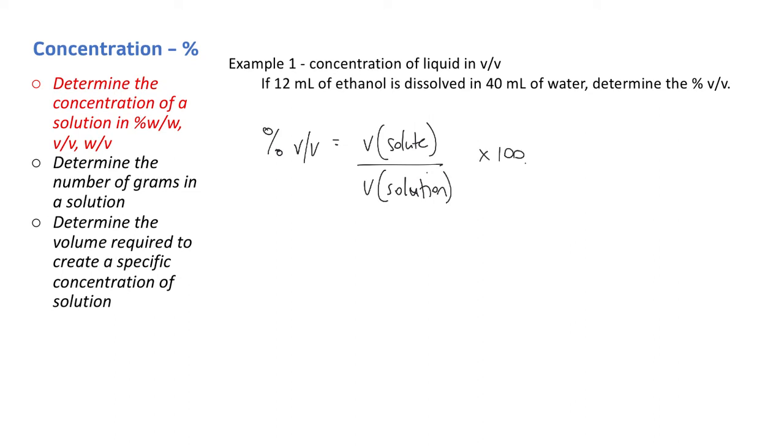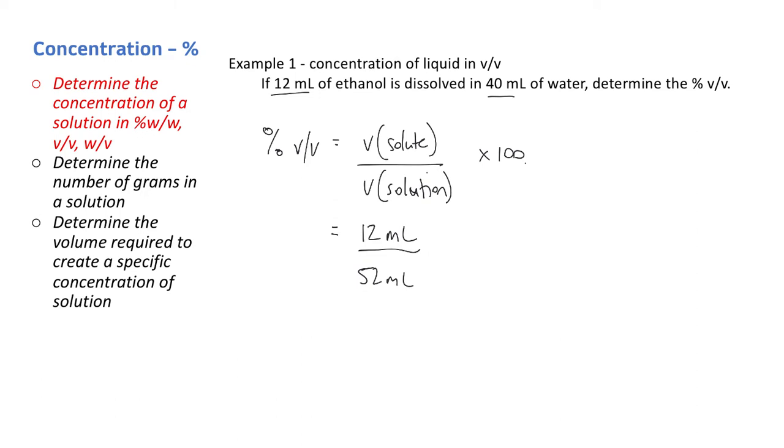times 100. This one you have to read a little bit carefully. 12 mL of ethanol, that's easy enough. But the volume of solution is 52 mL. Where did I get this number? It's from 40 and 12 added together, which makes 52 mL of solution.